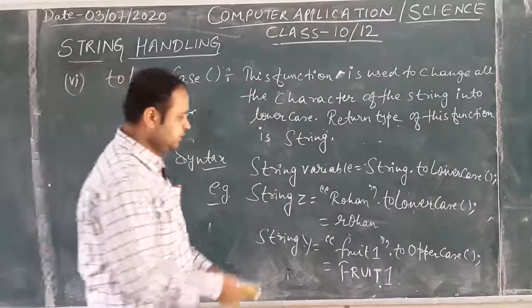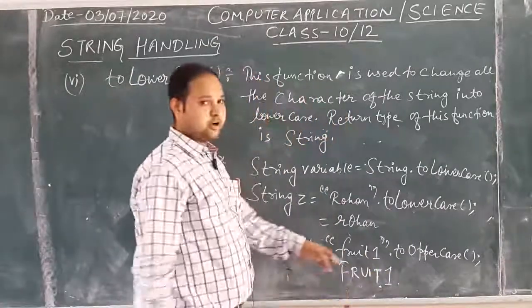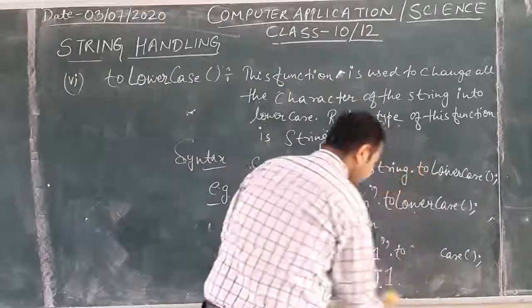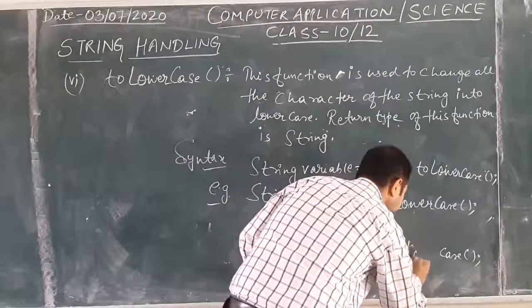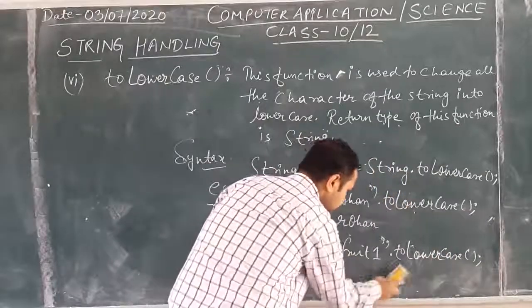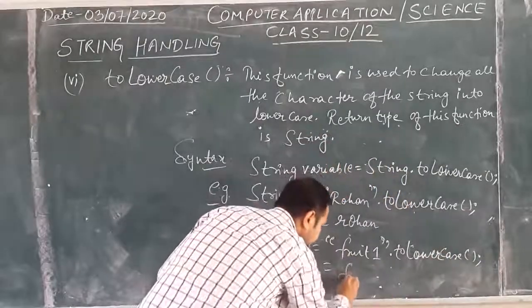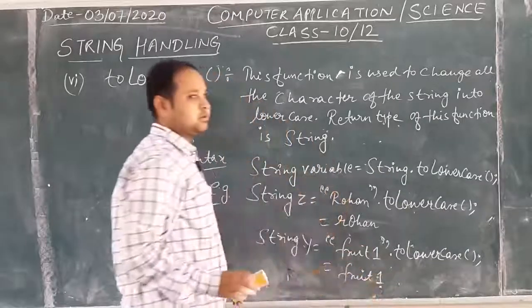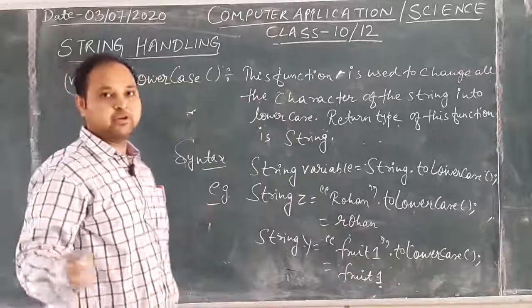And if the letters are already in small letters, then there will be no changes. So we will have the same here, fruit1, there will be no change in it.